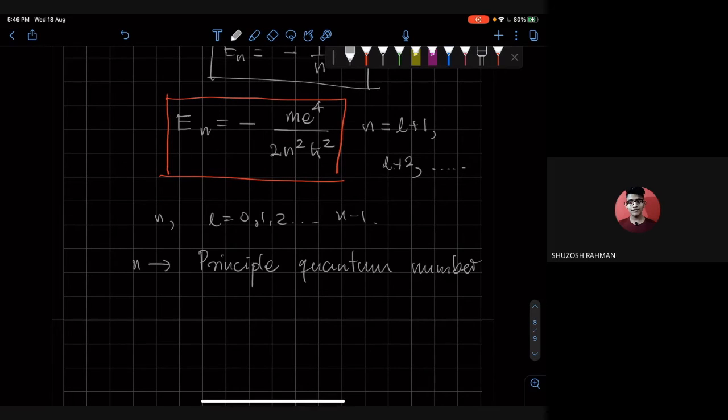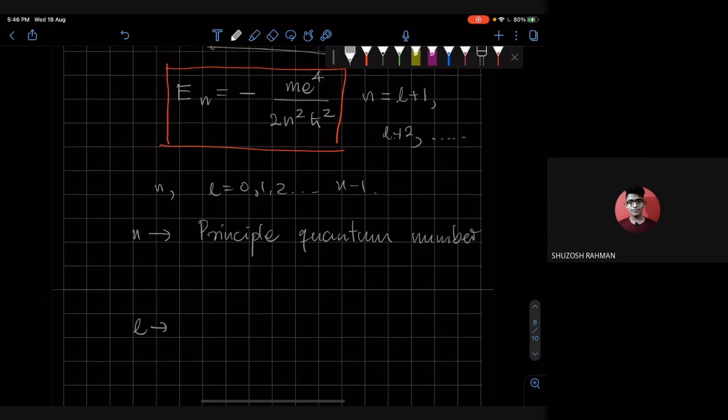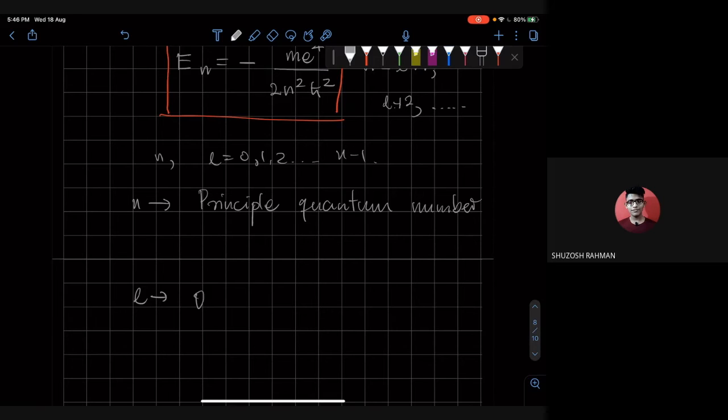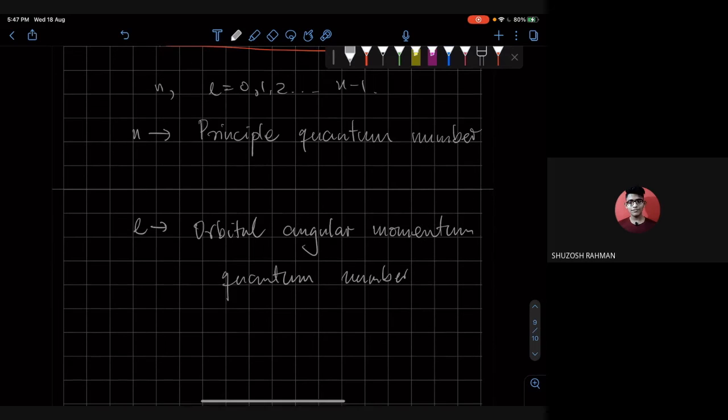And L is the orbital angular momentum quantum number. And m is the reduced mass.